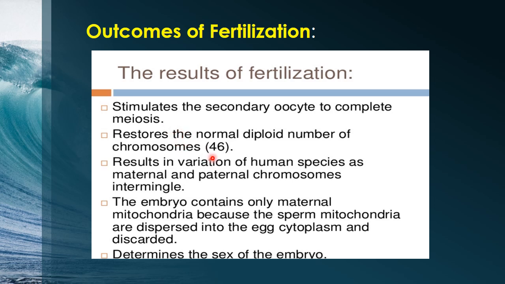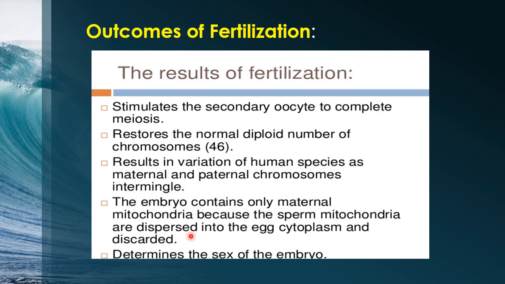The normal diploid number of chromosomes, that is 46, is restored, and it enables genetic variability, or variation of the human species, as the maternal and the paternal chromosomes intermingle with each other. So there is a chance of genetic variations.